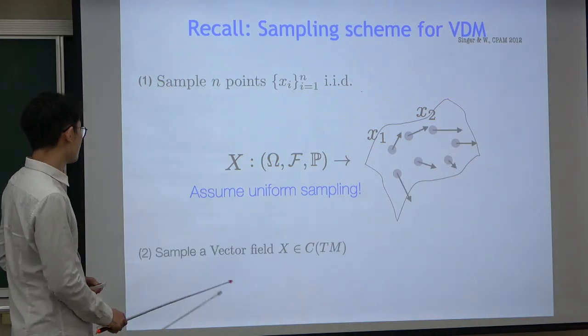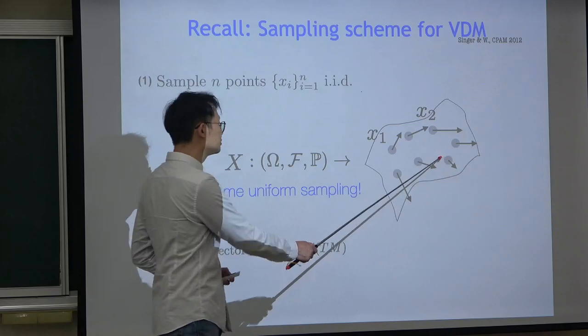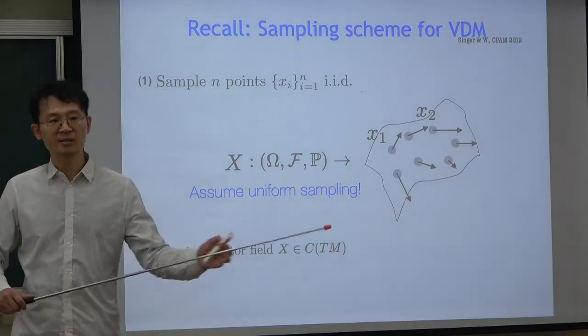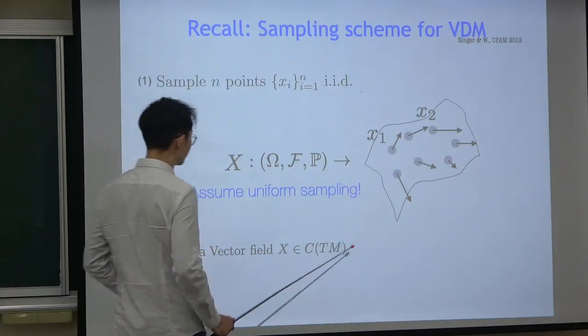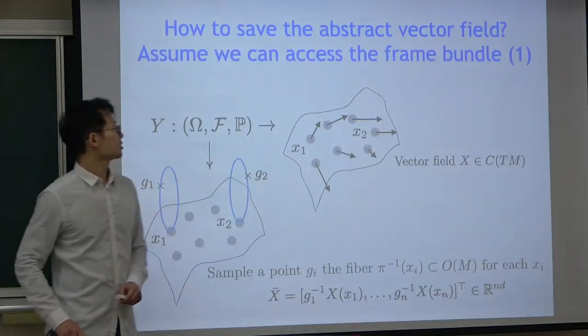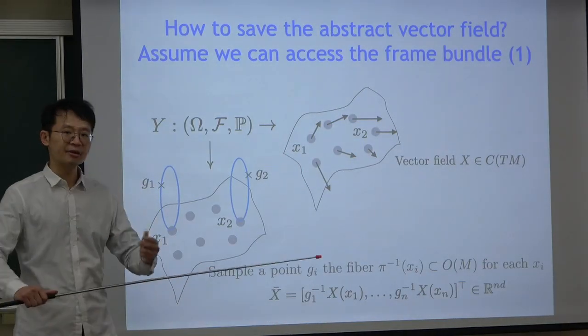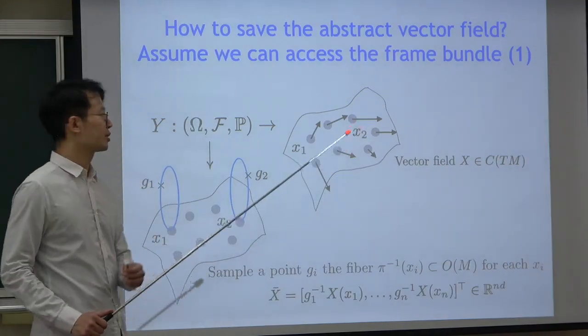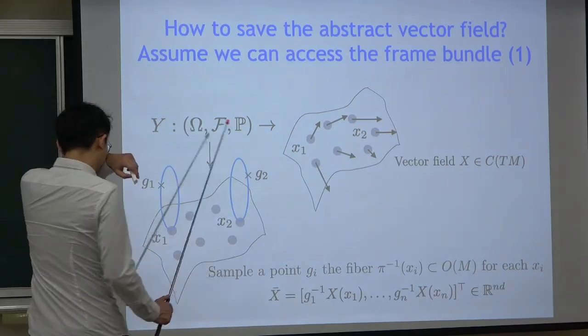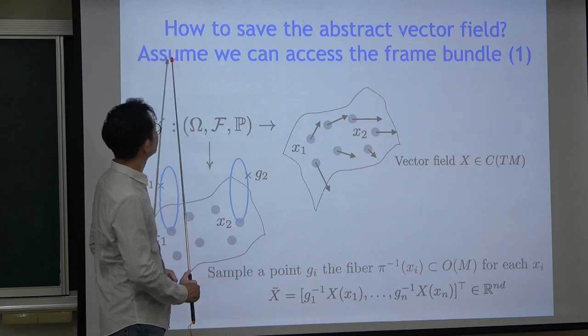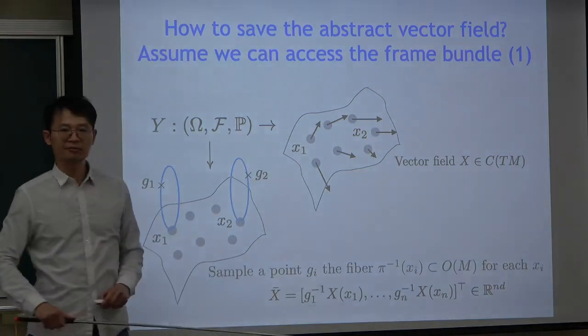And we also assume there is a vector field, smooth, so that we can sample it. But the question is, a vector field is an abstract object, so how do we save it in the computer so that we can do the computation? In a previous lecture, we assumed that we can access the frame bundle.